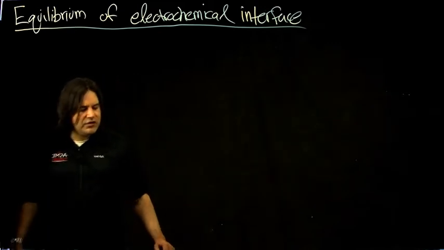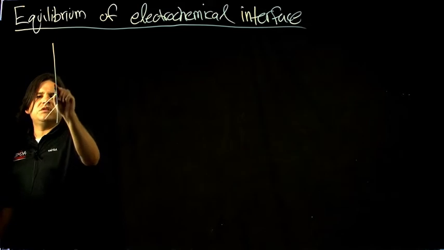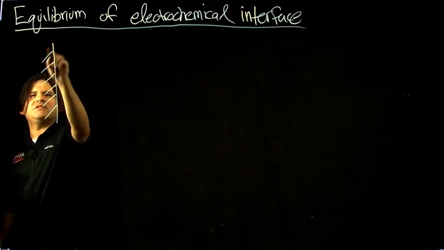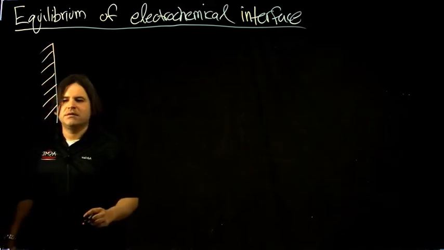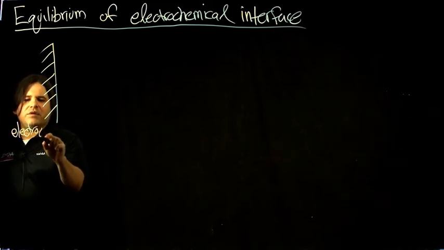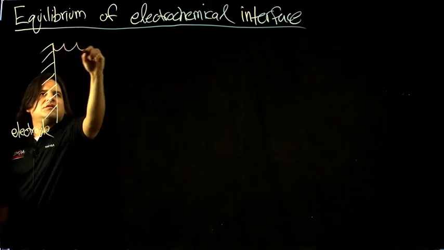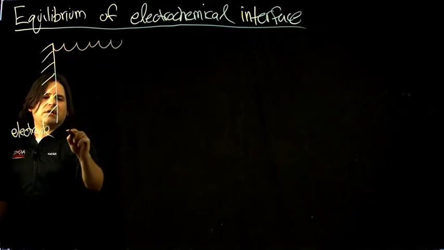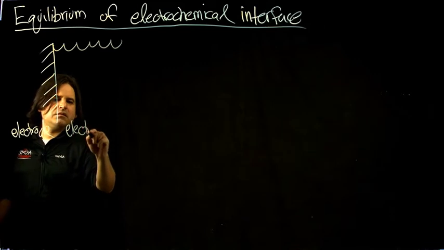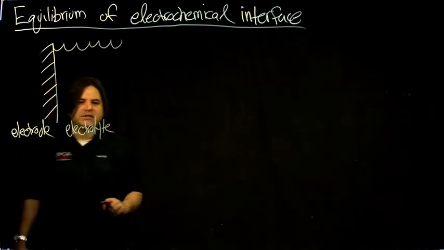So one type of interface would be an electrode. Most of the time it's a porous electrode, but let's just say this is a flat plate. On this side it's the electrode as a flat plate, and on this side you have liquid electrolyte. It doesn't have to be liquid, but many times it is.